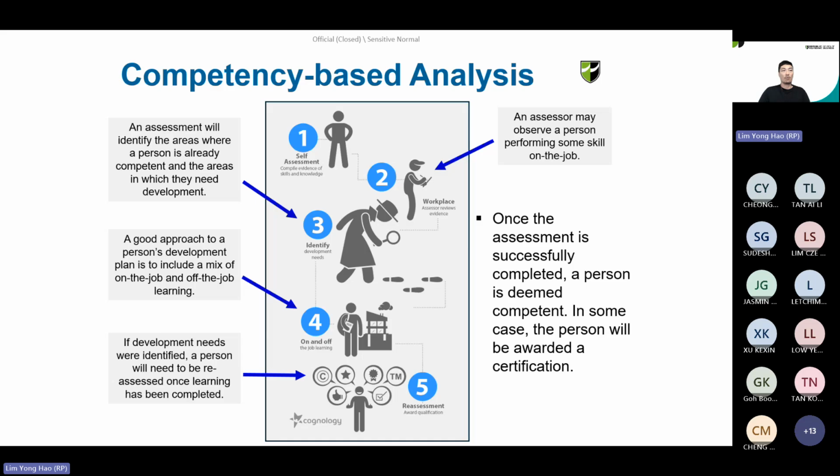So it requires regular checks, making sure that you are able to perform at a certain level, at least not below a certain level, so that you can continue on your work. So this is one of the developments that can result from a good competency-based analysis, leading to some form of framework that allows people to do the assessment.